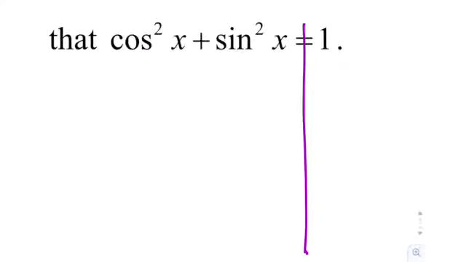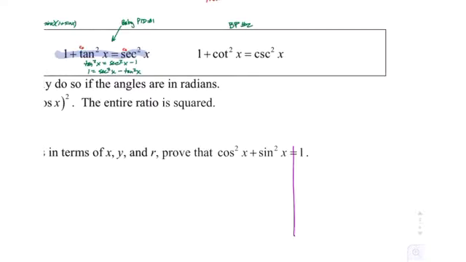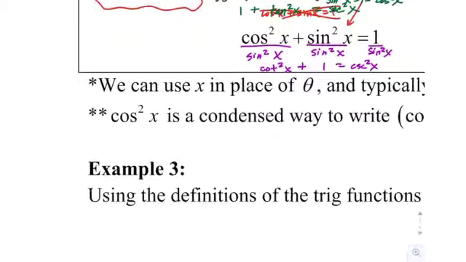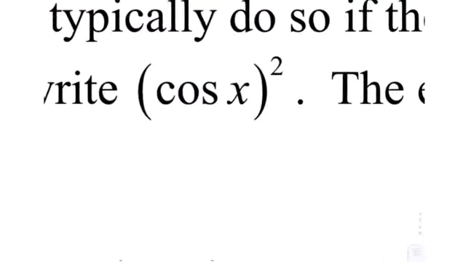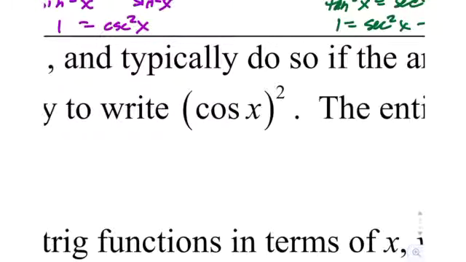Now, the first thing I want to do is rewrite cosine squared plus sine squared. What are we actually squaring? The x, the s and the n, the angle, the ratio. When we write cosine squared of x, that's the condensed way of writing cosine of x quantity squared.